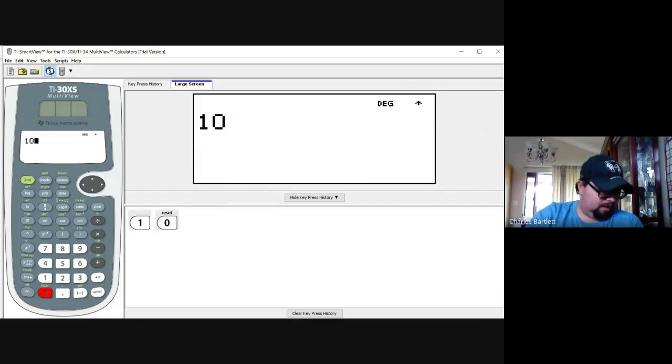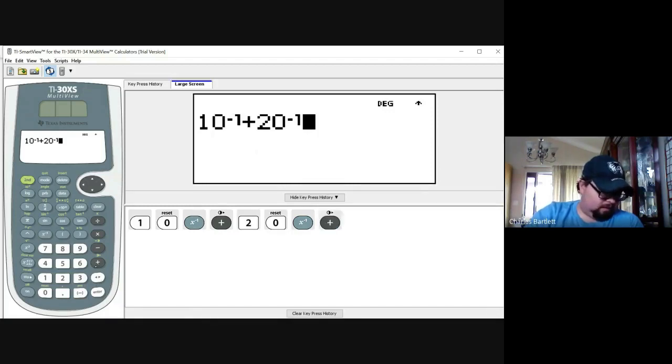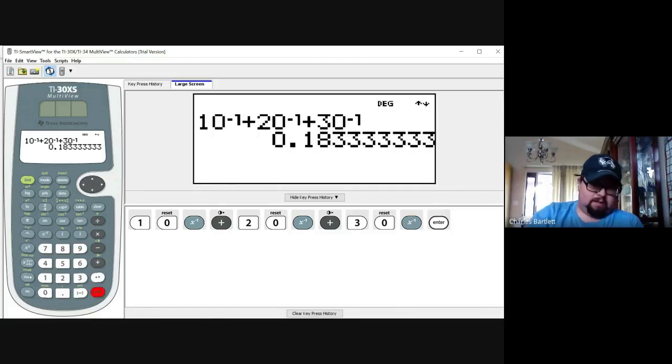But we can do 10 and reciprocate it by using the -1 exponent button, and then 20 with -1, and then do the 30 -1, and then hit enter, and we get this weird number, 0.183, and we can't really use that.